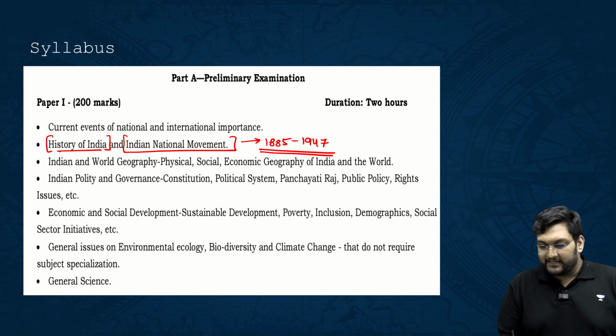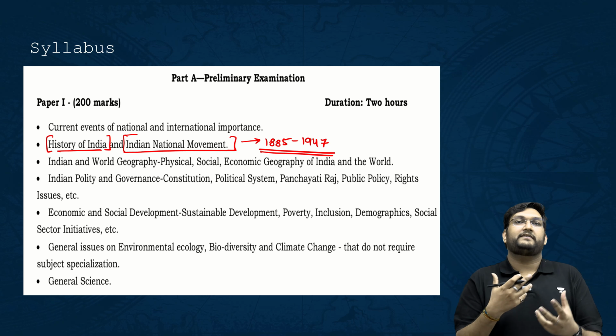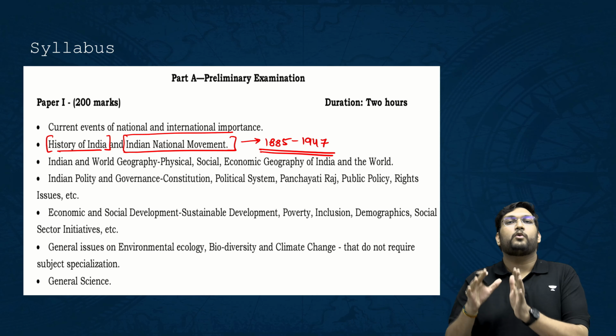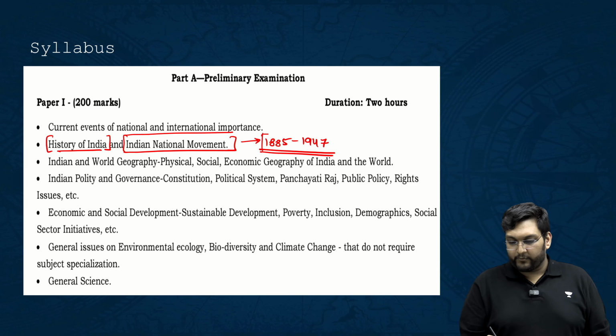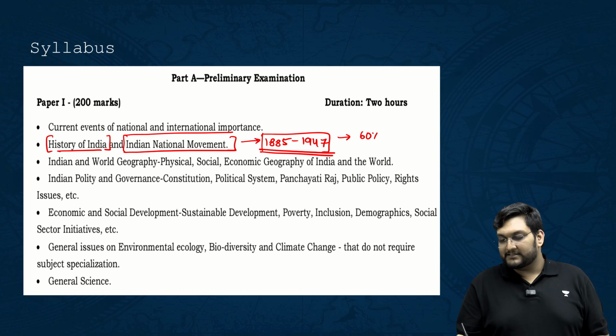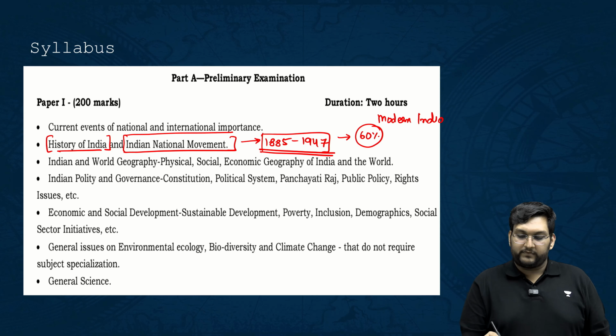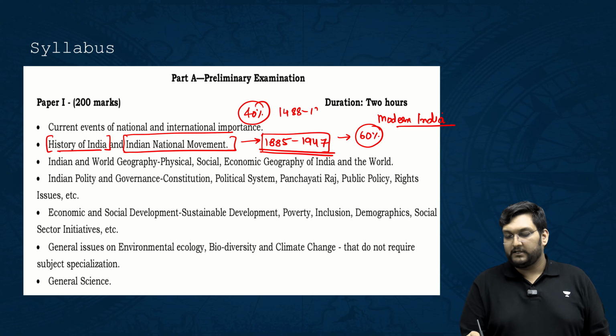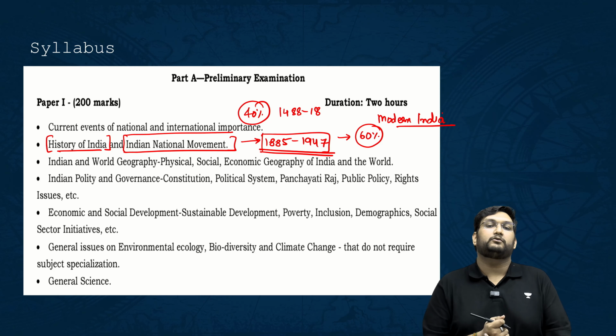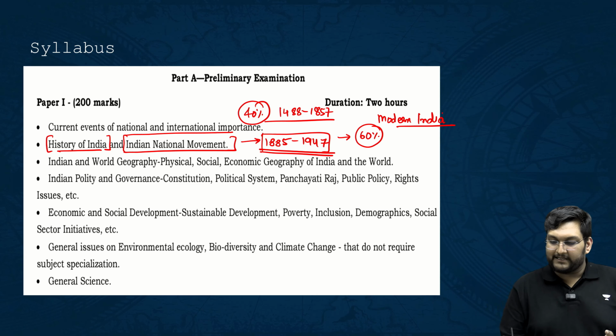So the reason why they've done this is because UPSC wants to highlight a section, and that is why from this area at least 60% of the questions come out of modern India. In modern India, 40% questions come out of the initial section, which is 1488 to 1857, but 60% of the questions come out of Indian national movement because that is directly quoted.